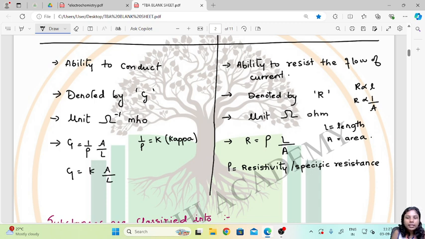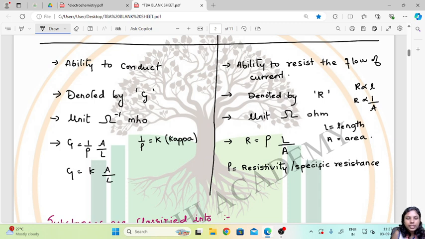Even the word is reversed over here. The formula is G equals 1 upon rho times A upon L. Again the formula is reversed: rho is taken as an inverse, and where resistance had length by area, here it is area by length.